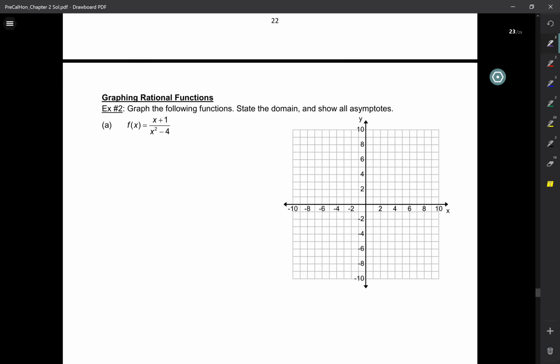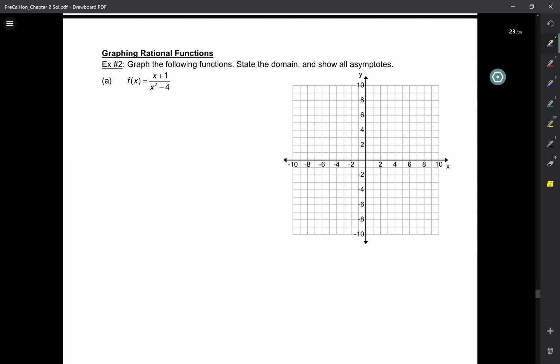All right, so how are we going to graph this? Well, first let's figure out the domain and the vertical asymptotes. When we factor this, we get x minus 2, x plus 2. So the domain is anything except plus or minus 2. So it goes to -2, from -2 to 2, and from 2 to infinity.